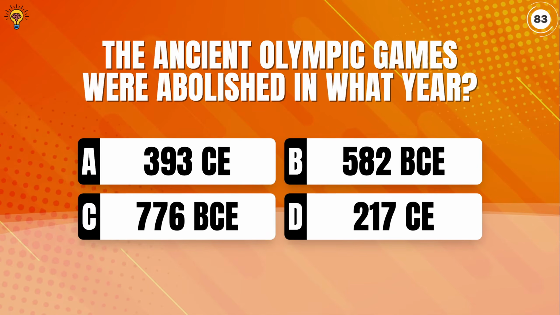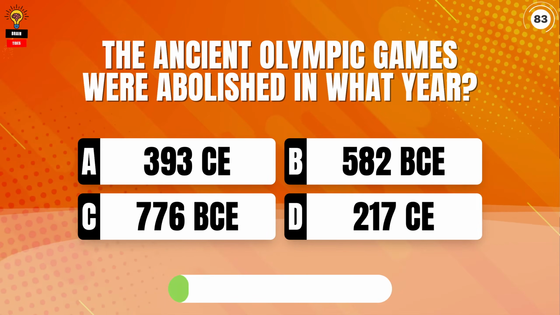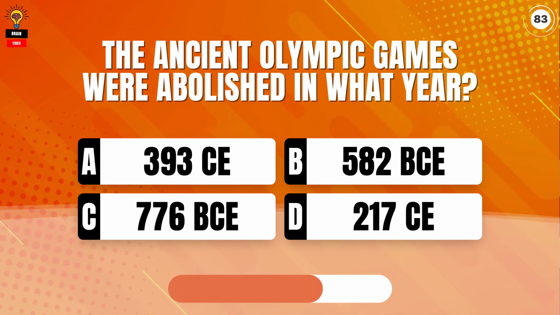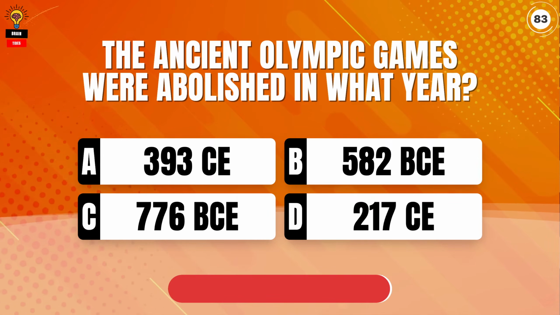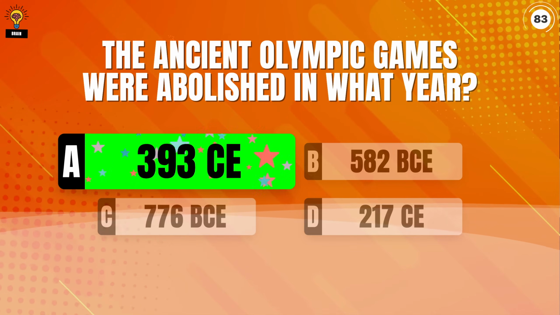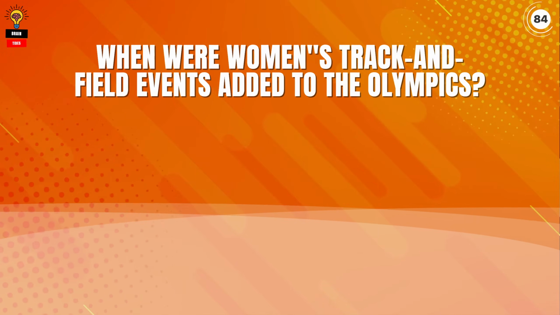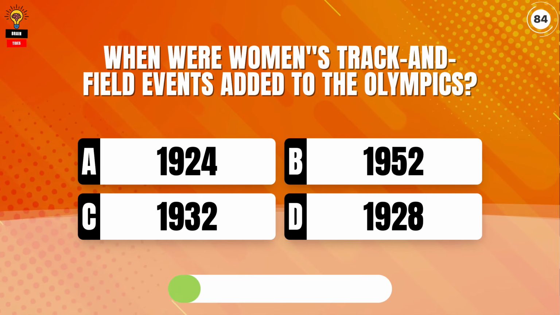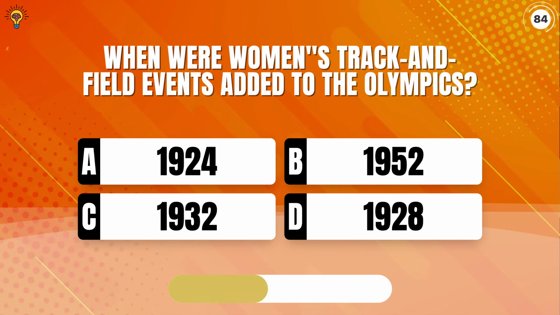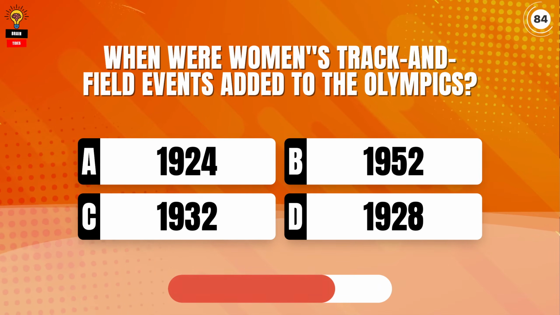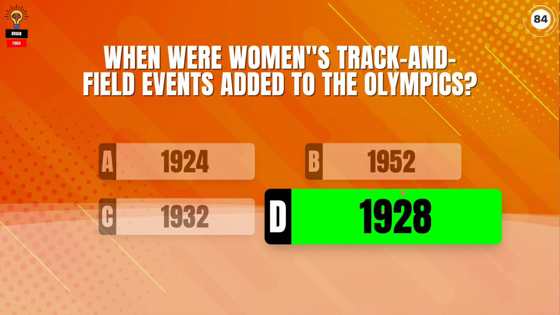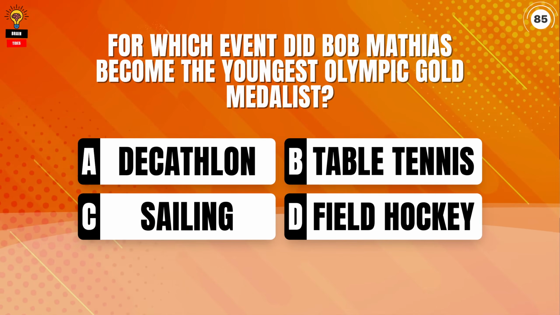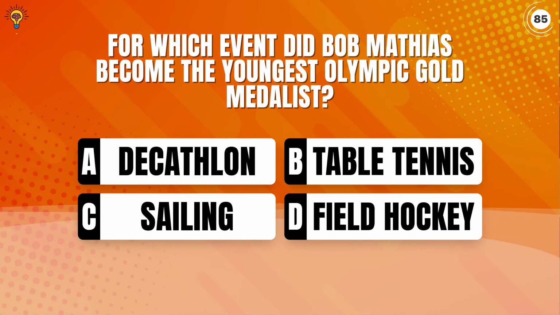The ancient Olympic Games were abolished in what year? 393 CE. When were women's track and field events added to the Olympics? 1928. For which event did Bob Mathias become the youngest Olympic gold medalist?